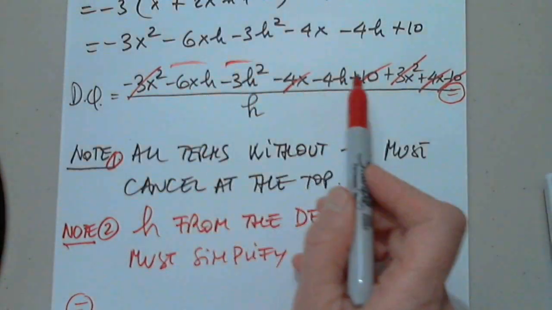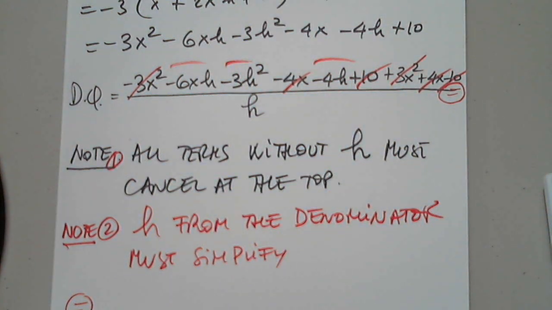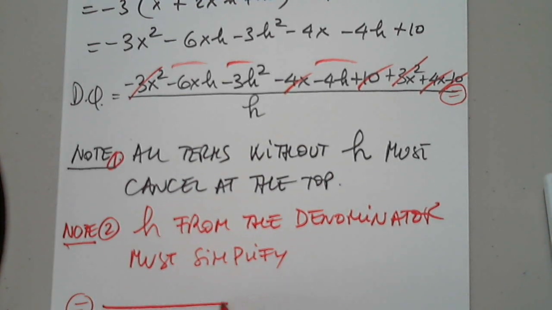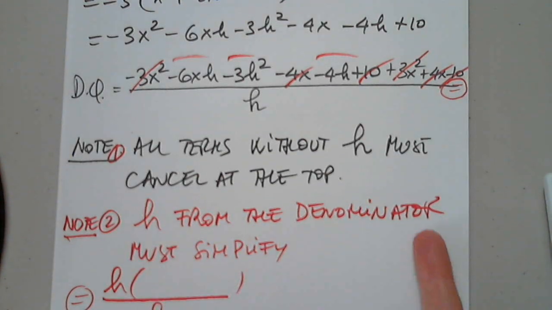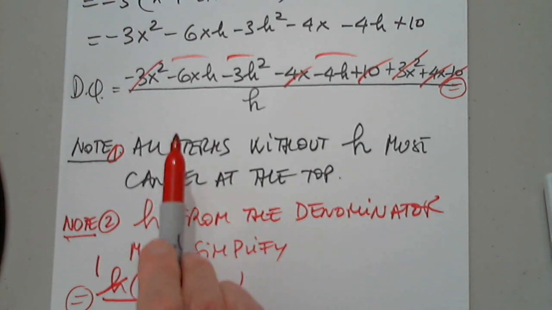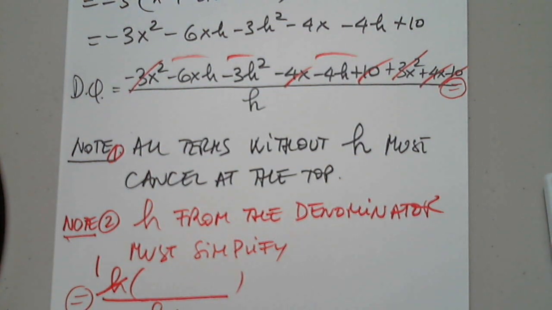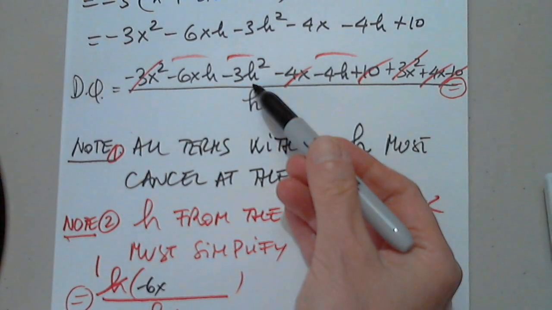I see three terms. They have at the top a common factor, which is h. Good. That's how the h will go away, like this. But what is left in parentheses? Negative 6x. Very good.